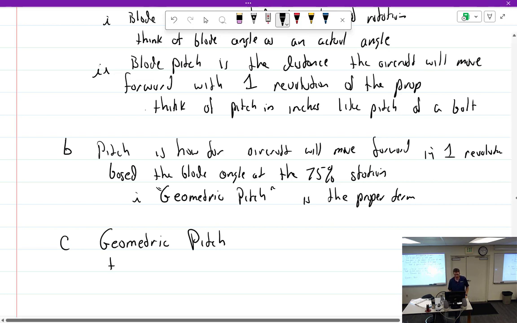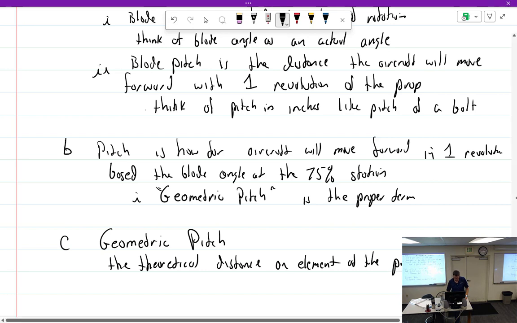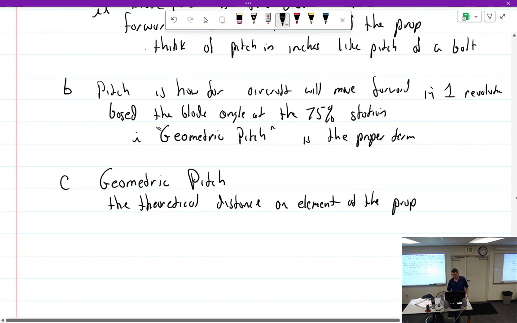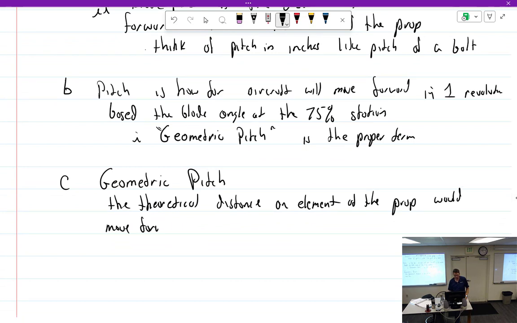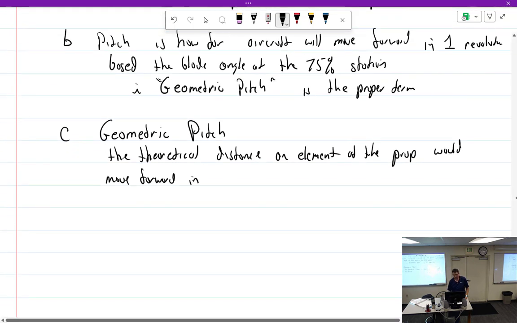It is, in fact, the theoretical distance an element of the prop would move forward in one revolution. I realize I'm being a little redundant, so you don't have to write it if you don't want to. Saying in one revolution, I think it just means it's important.